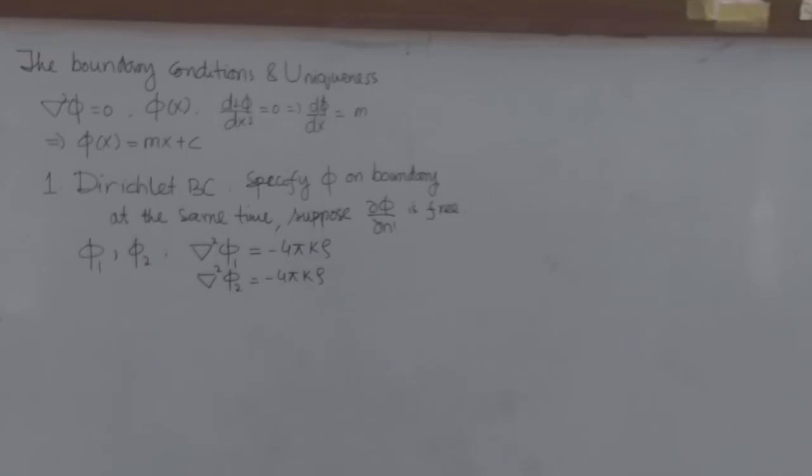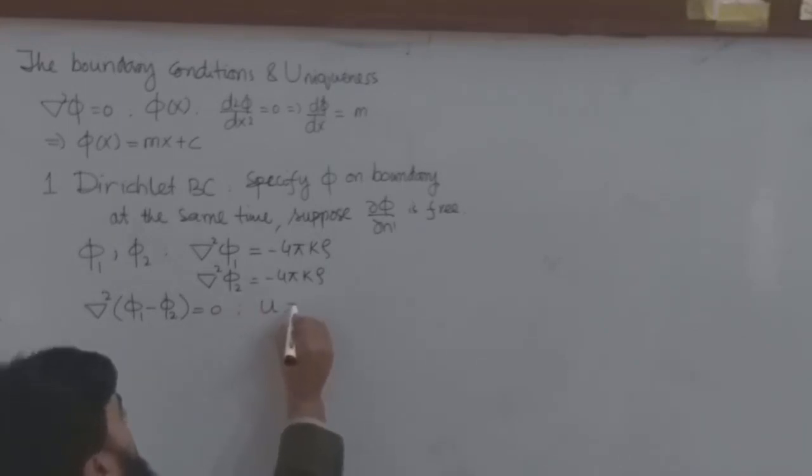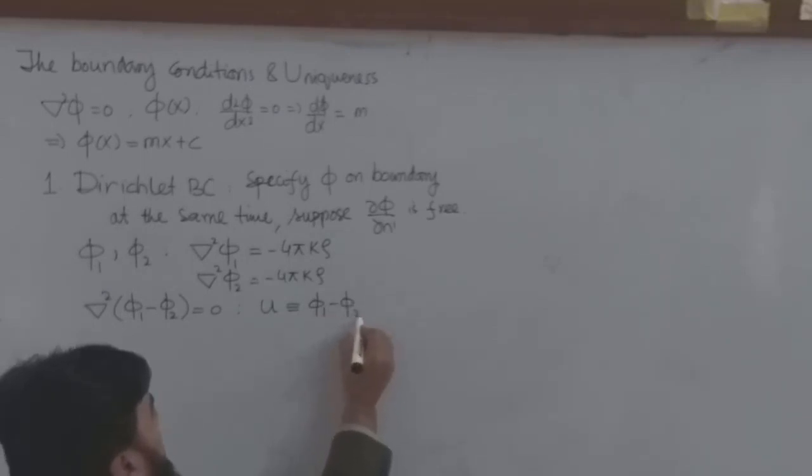Because the Poisson equation will remain the same for phi 1 and phi 2, I can write that since they are both equal, del square of (phi 1 minus phi 2) is equal to 0. Now let me define u such that u is equal to phi 1 minus phi 2.